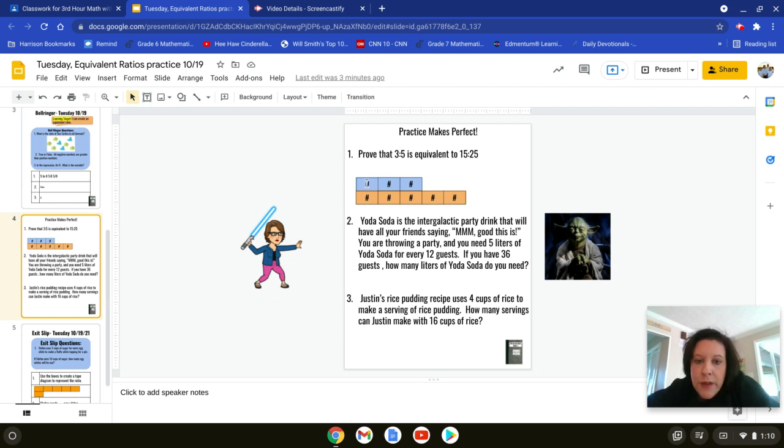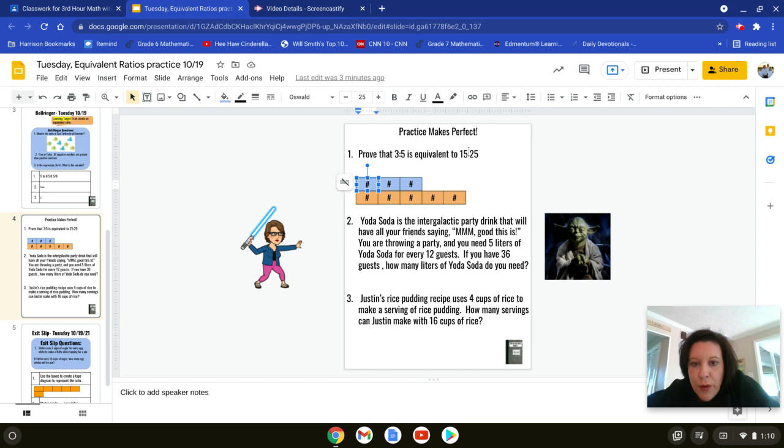Now, if 3 has to become what number? This 3 is equivalent to what number in this ratio? 15. So you put a 5 in each of the boxes. 5, 10, 15.